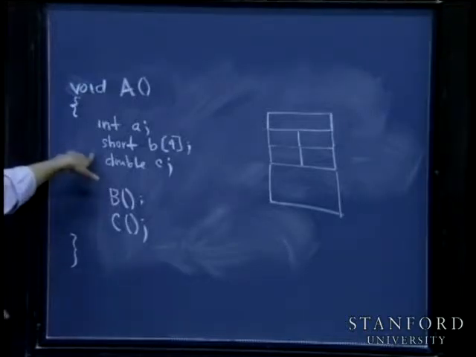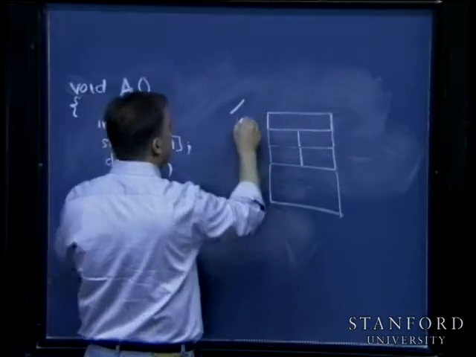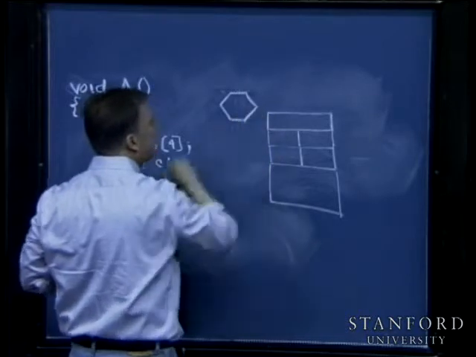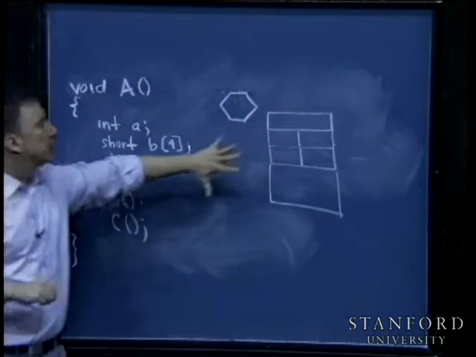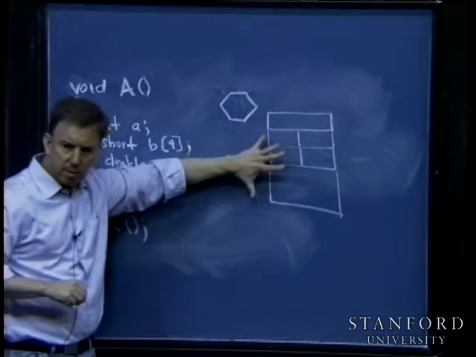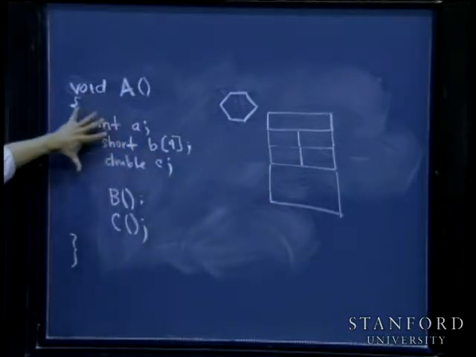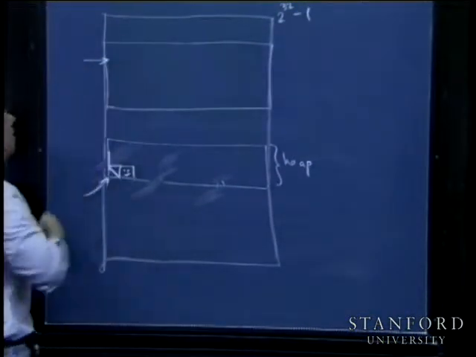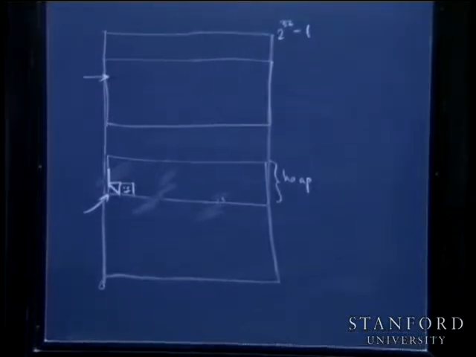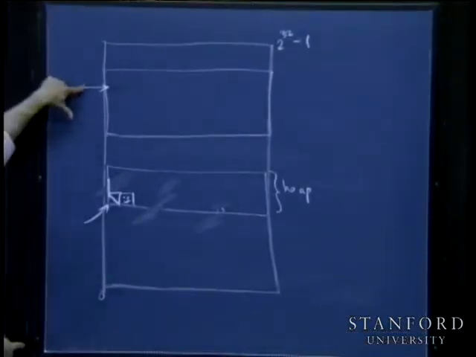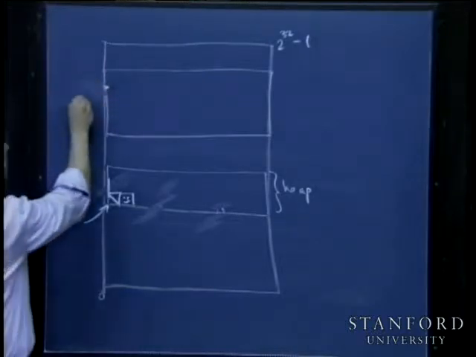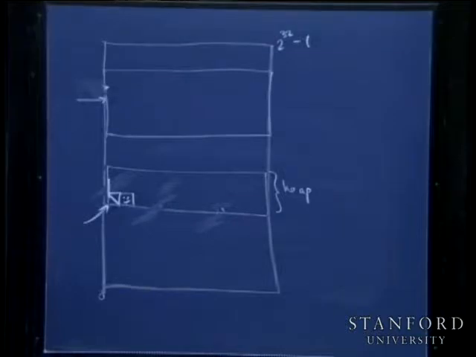When you call this a function, let me represent it without drawing this entire thing again, so just let this little picture be abbreviated by the hexagon. This thing is what's called an activation record, or a stack frame, for this a function. Let's assume that a is about to be called. When a is called, this pointer internal to the stack segment, which separates the space that's in use from the space that's not in use, will be decremented by size of hexagon.